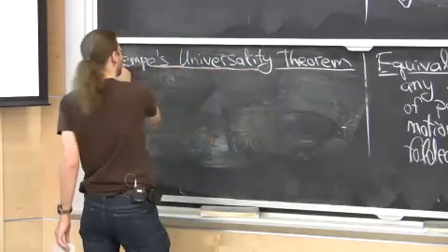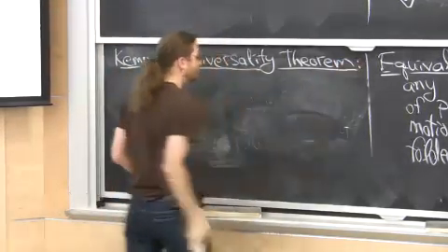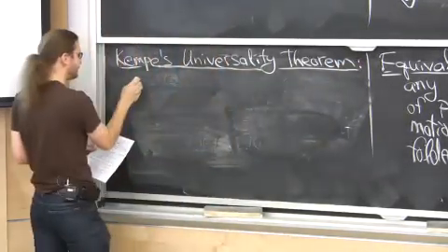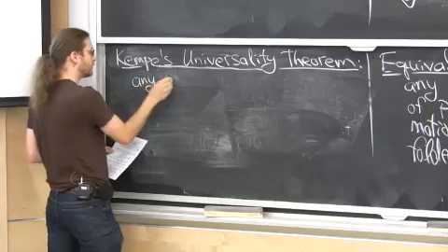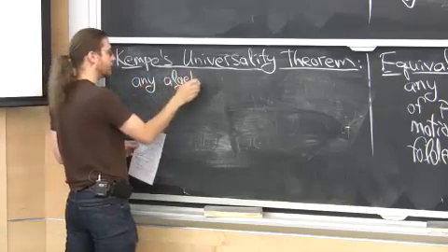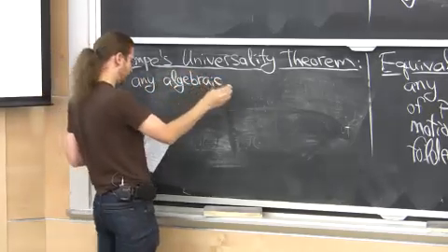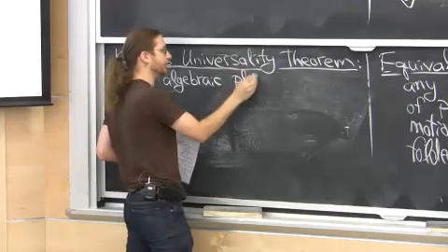So this is the result that you can sign your name, so to speak, but I'll state it more formally. My input is an algebraic planar curve.